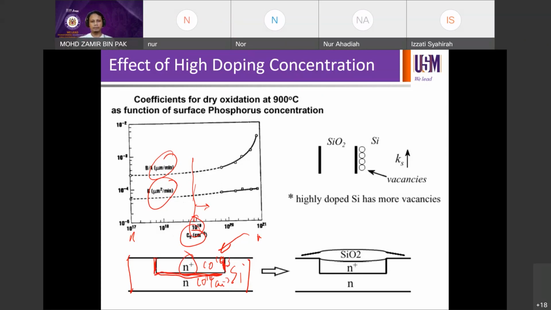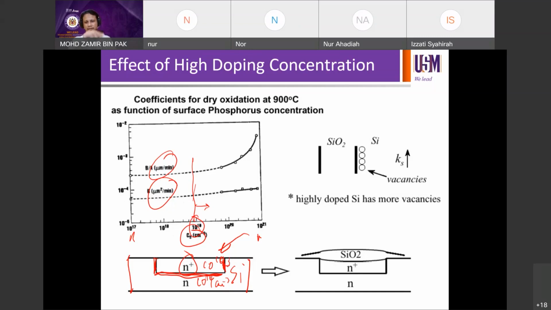Okay, how did you do that before we discuss the effect on oxidation? Can you imagine how do you use oxide to introduce this selective doping of 10^18? Do you get any idea? Macam mana nak dapat 10^18 doping tu? Kita dah discuss very briefly before this. Anyone?